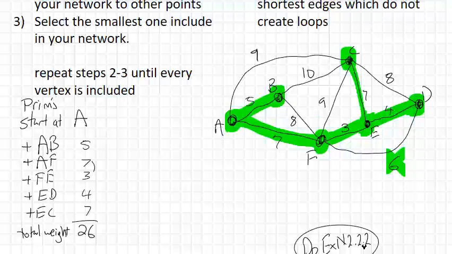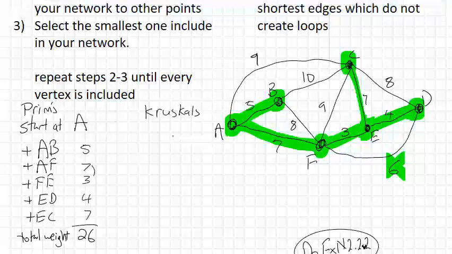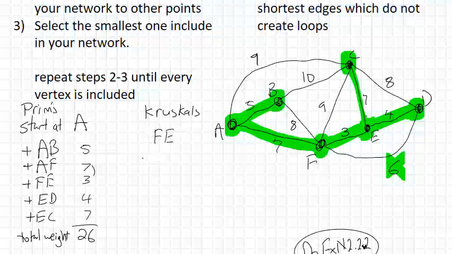So using Kruskal's, we first have FE, and we added in ED. We added, well, we added AB. We ignored FD.